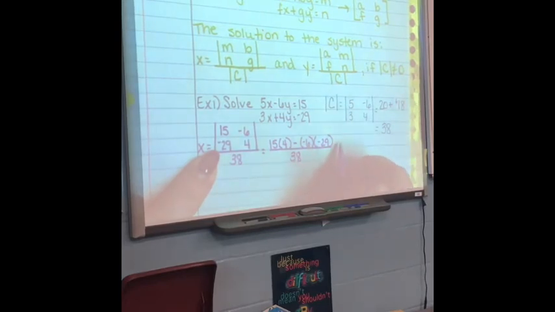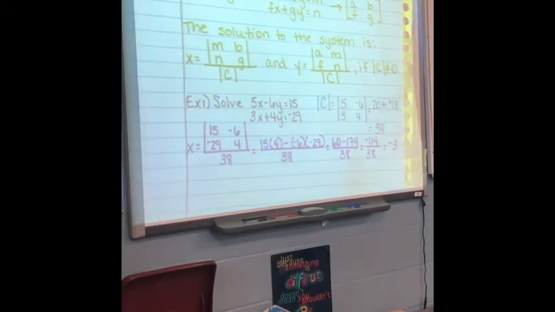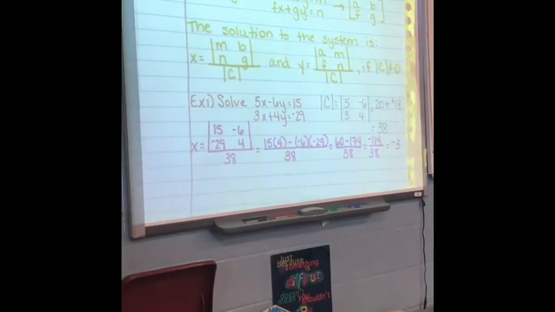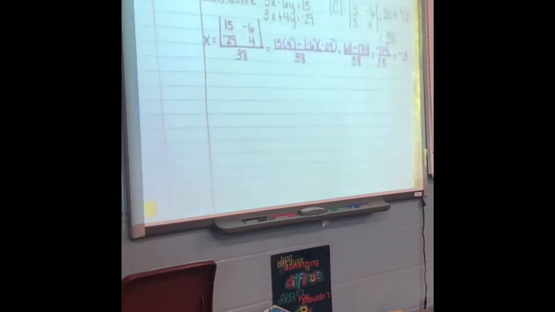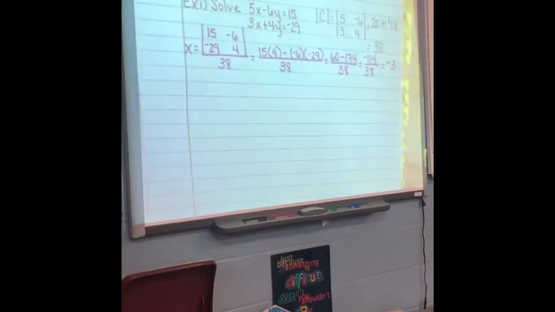So 15 times 4 is 60 minus -6 times -29 is 174. 60 minus 174 is -114. Divided by 38 will give you -3. So my x is -3. Good so far? Questions?